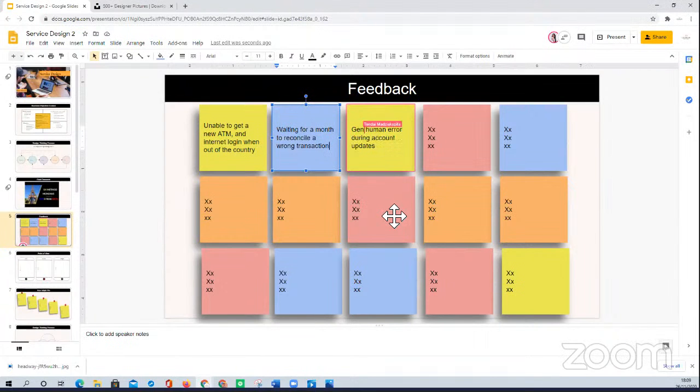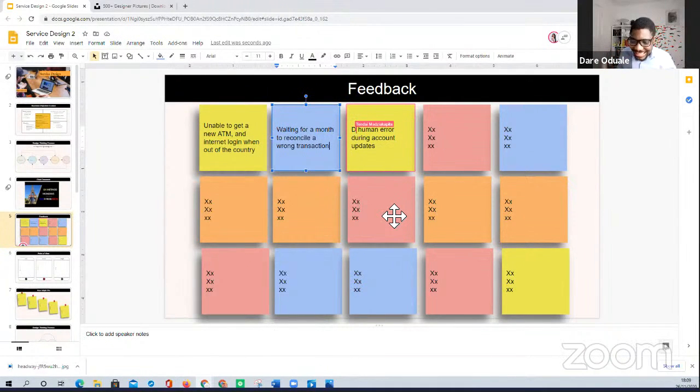Because no matter how well we design a service, error is something that can happen. But when that error has happened, what exactly is the issue here? Back and forth to rectify the issue. Yes. Okay. So somebody else.